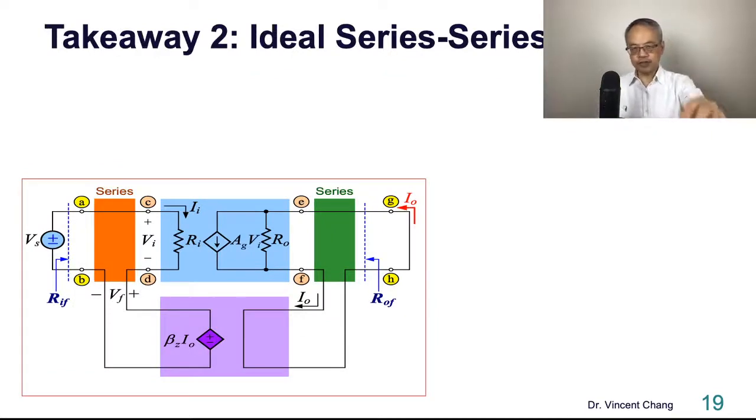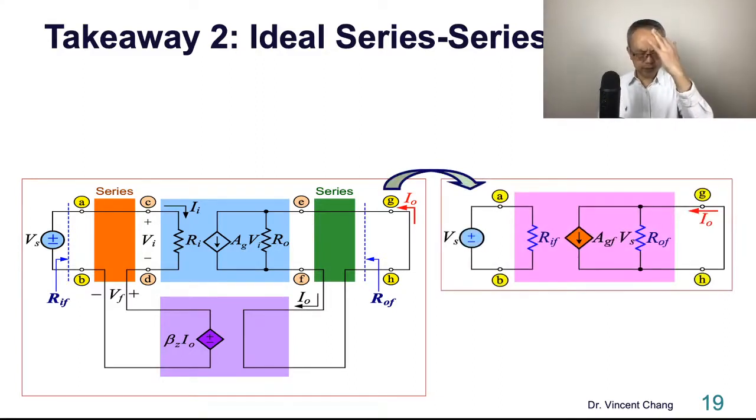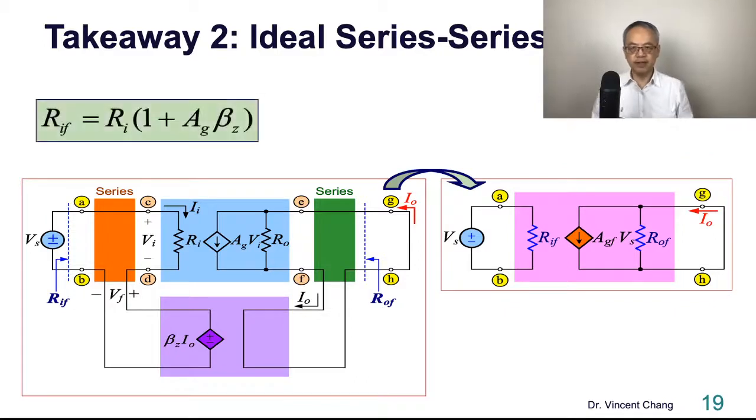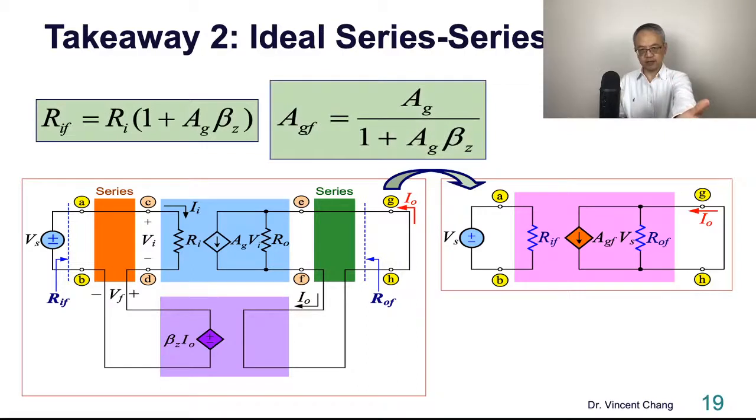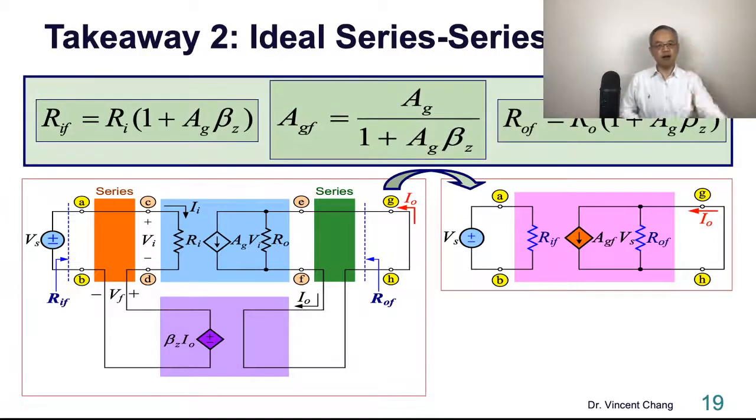For the ideal series and shunt-shunt, the two topologies we focus on in this lecture video tell us transconductance amplifier, and then RIF, transconductance, and then RF.